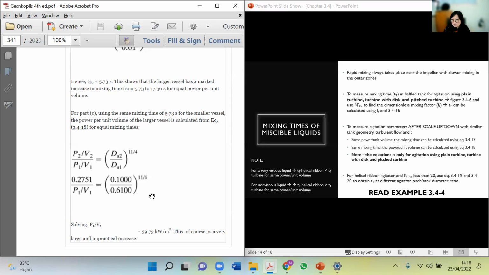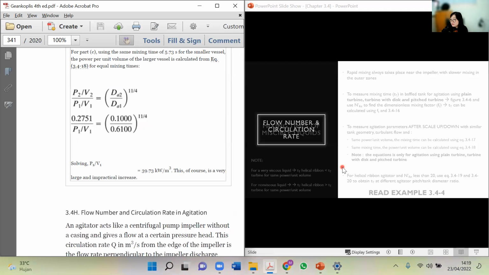That's why the P per V is very much higher compared to point A. So the P per V we find in point C will be higher than the P per V we found at point A.